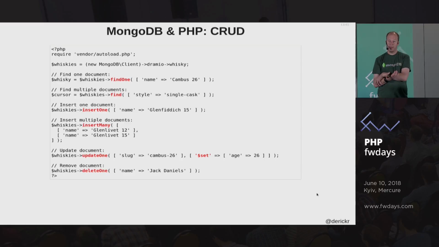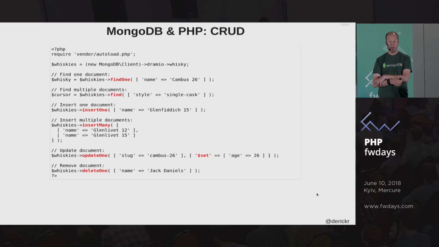So the way documents look on the PHP side, they are either simple PHP arrays, like I've done here. So there's a document that has one field, it's called name, and one value, canvas 26. This is my whole document. It's a document with one single field. Now, if we want to find a document in a collection where this name field is canvas 26, we call the findOne method and get one document back.